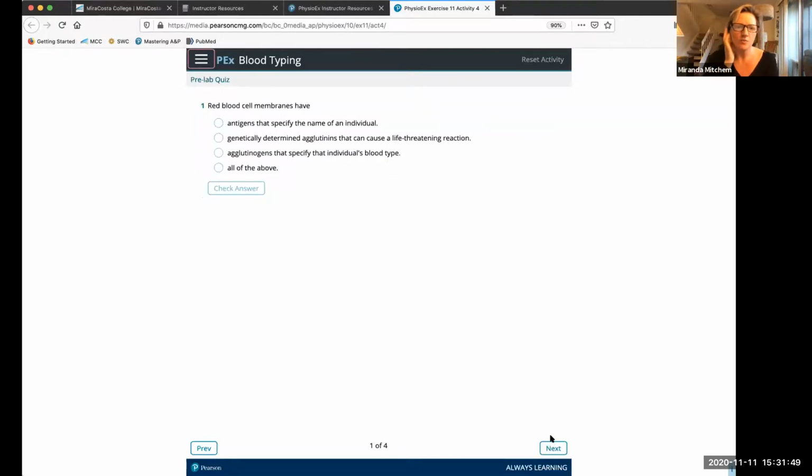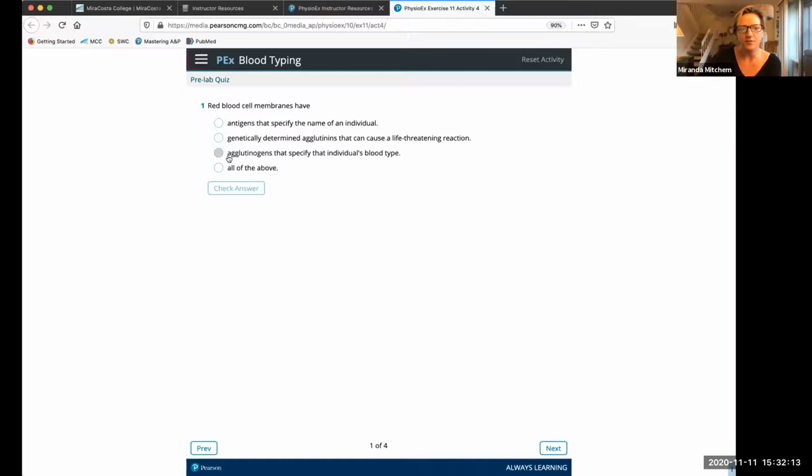Okay, so red blood cell membranes, let's see, which is the correct answer here. Have antigens that specify the name of an individual. Well, that's just kind of silly. I don't have an antigen named Miranda on my red blood cells. Genetically determined agglutinins that can cause a life-threatening reaction. Agglutinins that specify that individual's blood type.